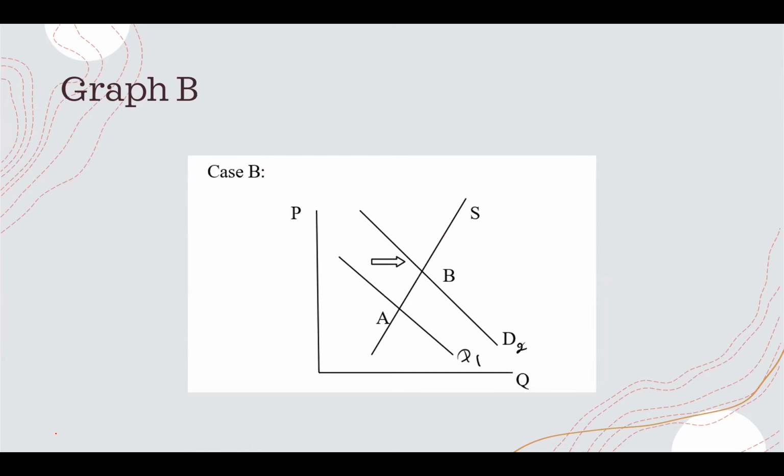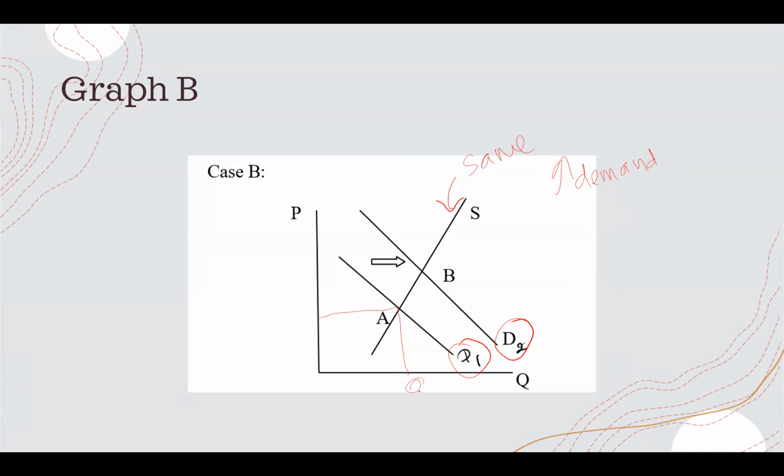Now here it talks about an increase in demand. The supply is considered the same at both levels. This is the previous demand, demand level 1, and this is demand level 2.